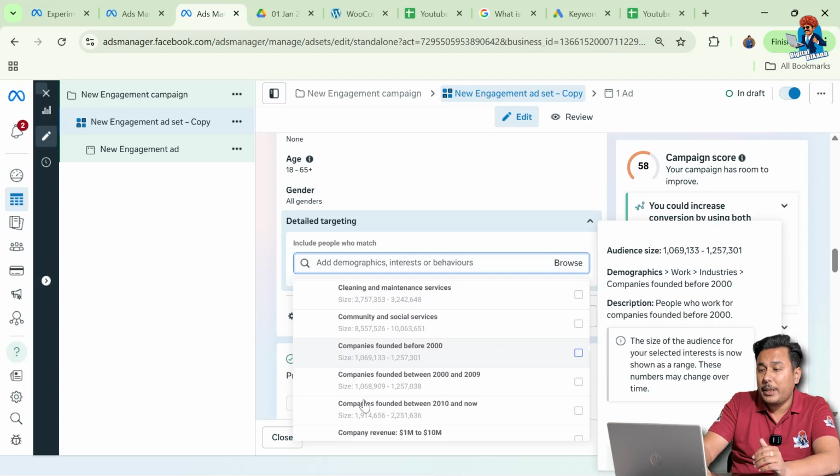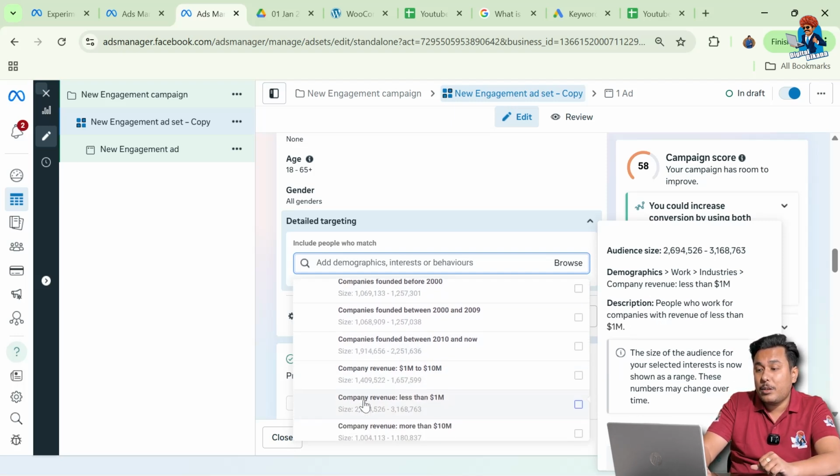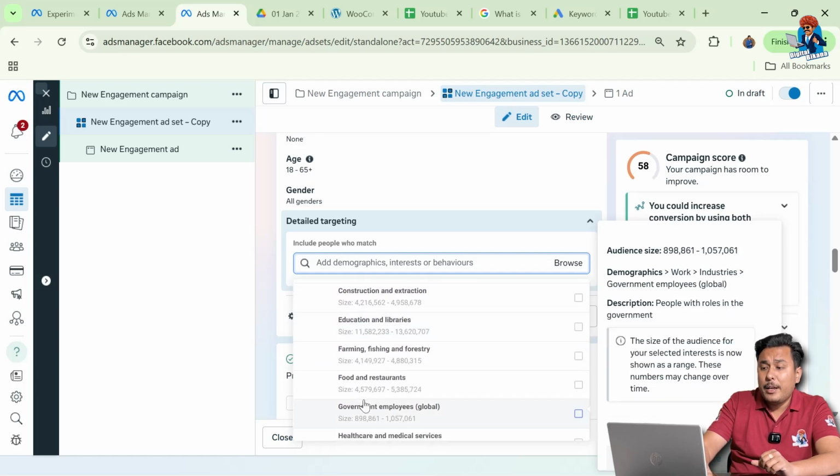So here are many working industries, like people who are working in cleaning and maintenance services and all. You can target people in such a way, right? It is the demographic based targeting, and it is not mandatory to select any of the filters. If you don't feel like targeting people on the basis of their demographics, you can also target people on the basis of their interest as well.